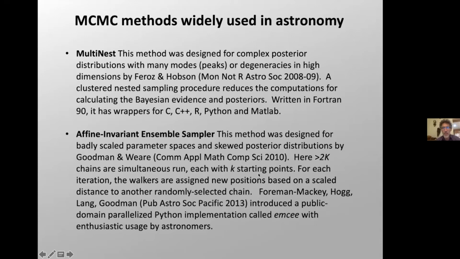What's wonderful is that this young astronomer named Daniel Foreman-Mackey in America, with Professor David Hogg and Dustin Lang, and Goodman, who was the mathematician, wrote a lovely code in Python that implemented this called emcee, which sounds like MC, like MCMC.